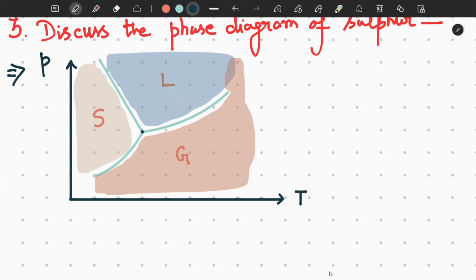On the phase diagram of water, this is the triple point.